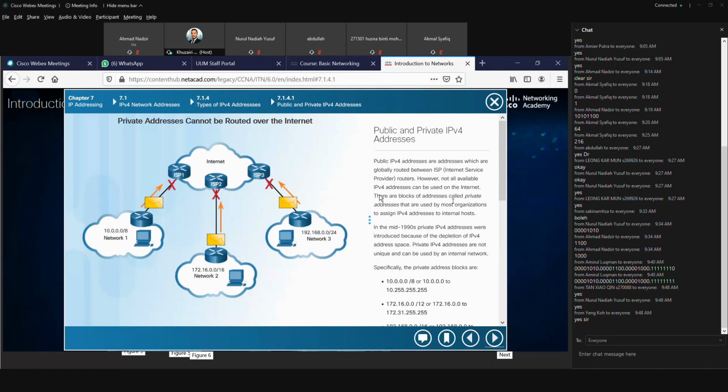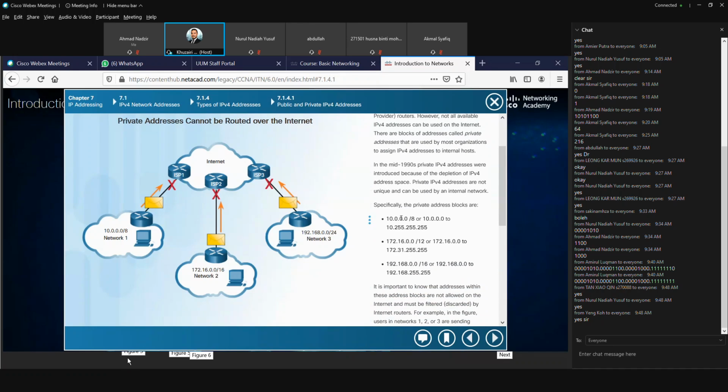In IP version 4, we have public and private IP addresses. If you have 10/8, or 10.0.0.0 to 10.255.255.255, that is a private IP address. There are three groups of private IP addresses: 10.0.0.0 until 10.255.255.255, 172.16.0.0, and 192.168.0.0/16.